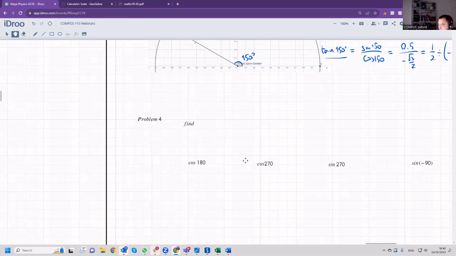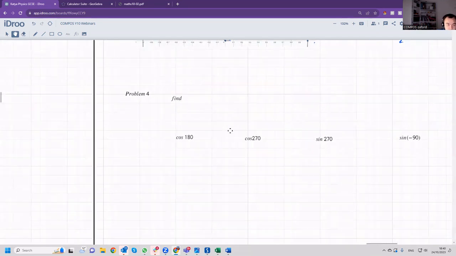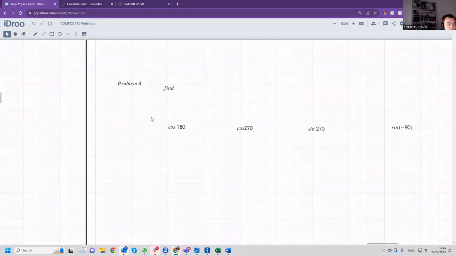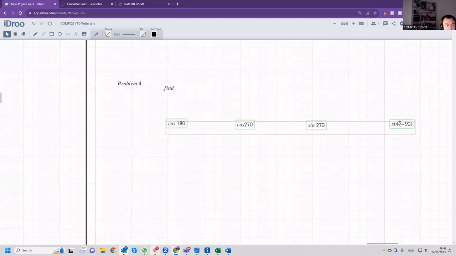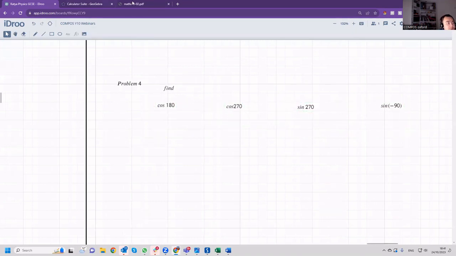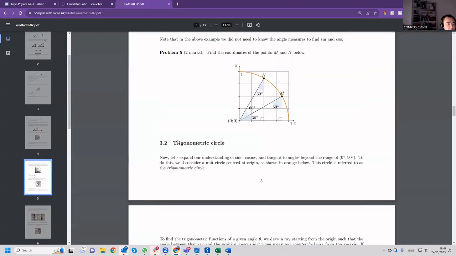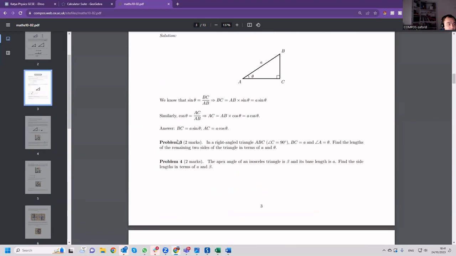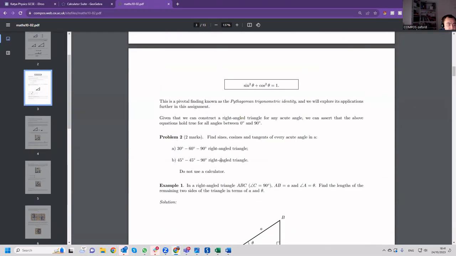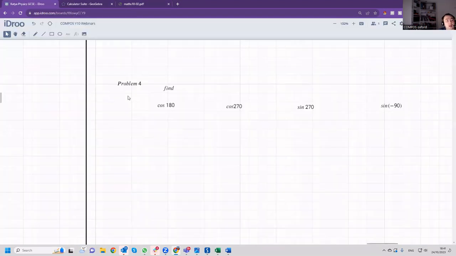For these questions, we need to memorize that table. Yes, you do need to memorize that table. If you do the second problem, that's pretty much your table, except for 0 and 90 degrees.